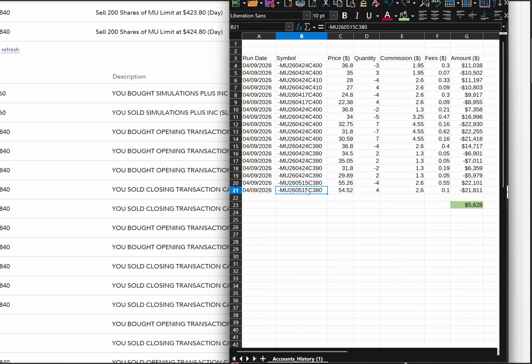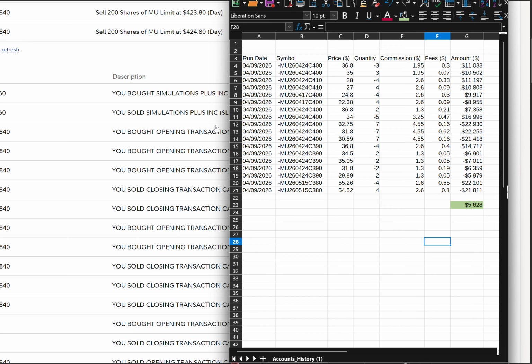So as you can see, I tend to stick to in the money philosophy, and I go a few weeks down the road for my strike price. And these are some of the examples that I played yesterday and resulted in this much money. So I wanted to quickly share with you.